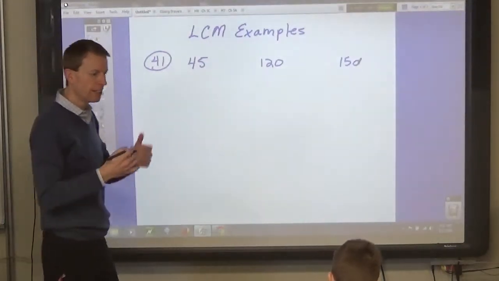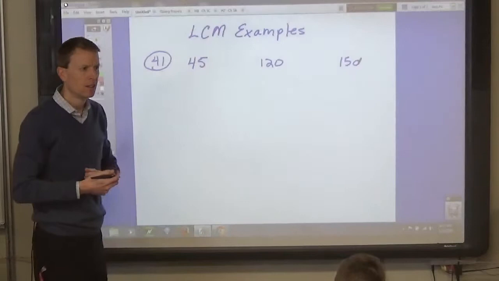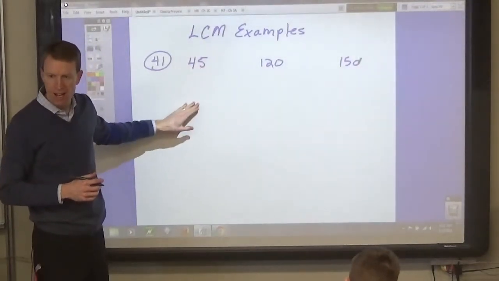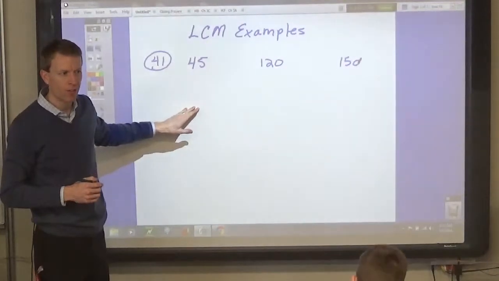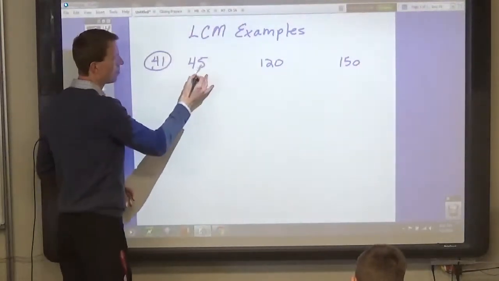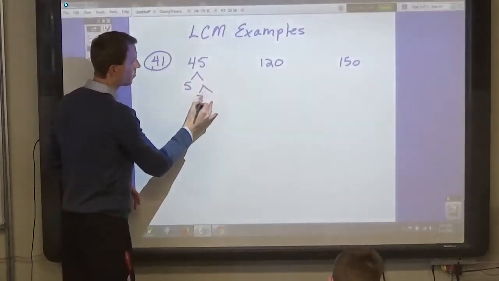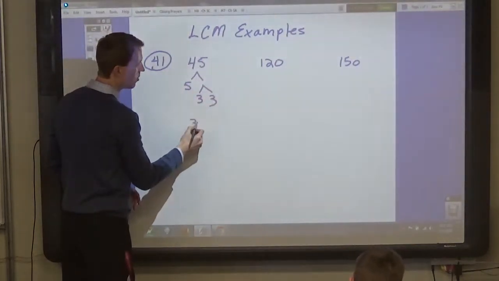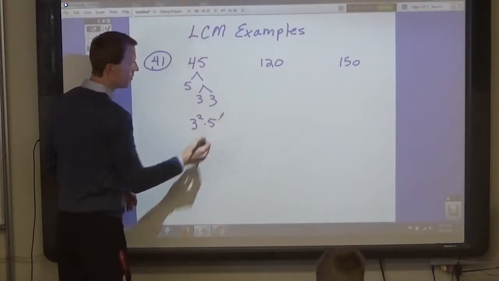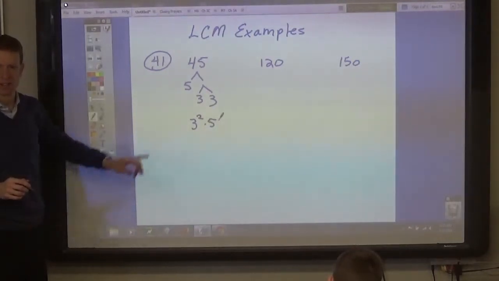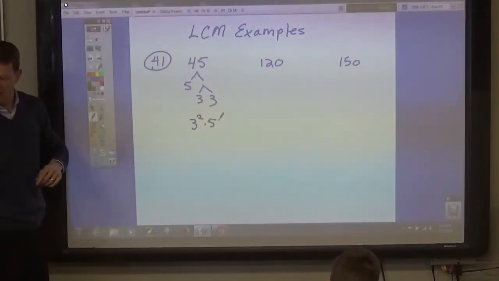So you can factor these pretty quickly. 5 and 9 make 45. And then 9 is made with 3 and 3. That's how you factor it, right? So this is 3 squared times 5. Everybody with me? Come on, keep going.